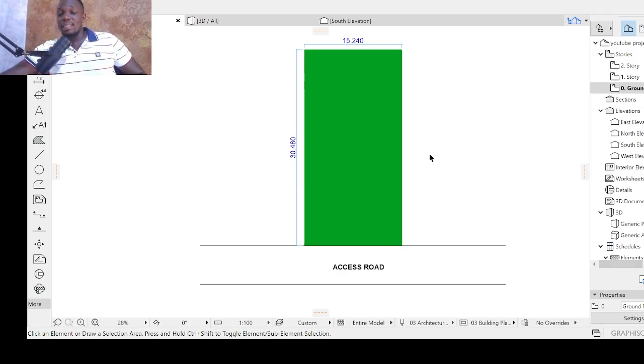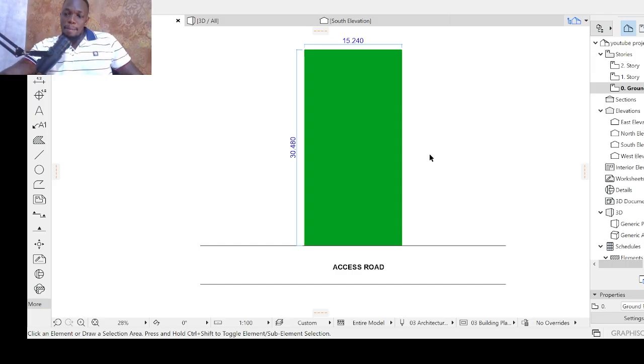Not all activities in a dwelling happen inside the house. There are so many things that happen outside of the house. So you cannot develop the whole plot. You need to develop a maximum of 40%, if we are in a residential setup.